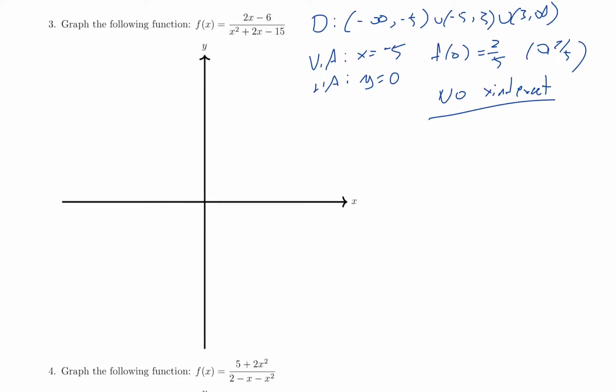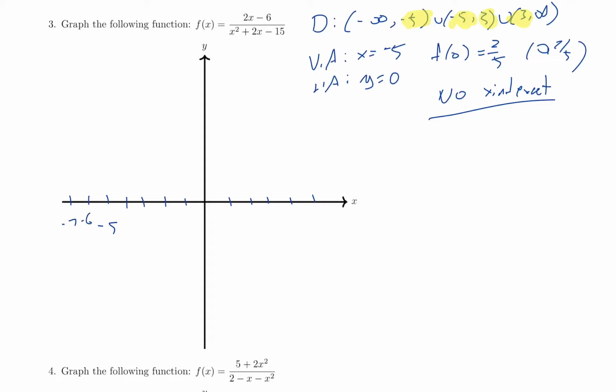So let's graph these. Here's the key: when you graph, first be mindful of the domain. We have to exclude negative 5 and 3, right? So what I like to do is mark some points. Here's negative 5, negative 6, negative 7.